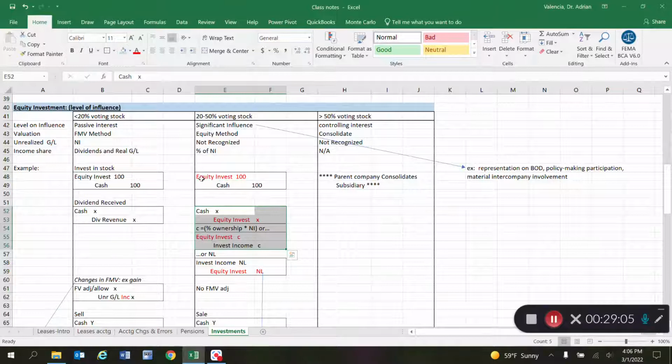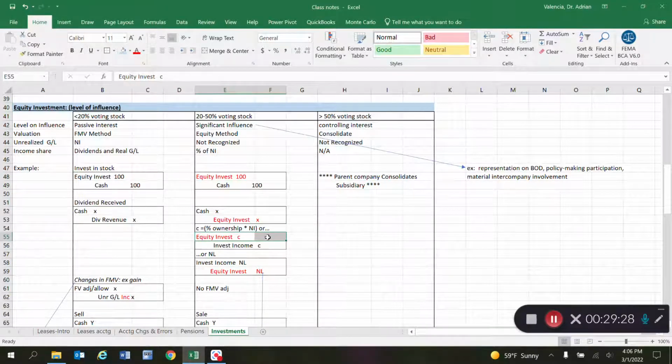It reduces equity investment. But how do you account for the portion of net income that corresponds to you? It increases equity investment. You can see how these two offset each other, because technically you're distributing this dividend out of the portion of net income that corresponds to you. So that's one way of looking at it.